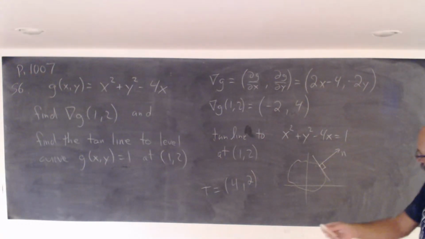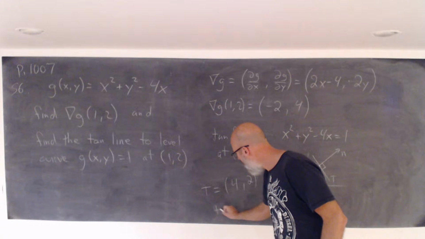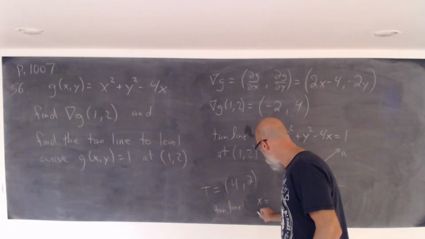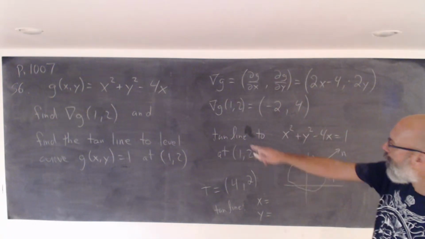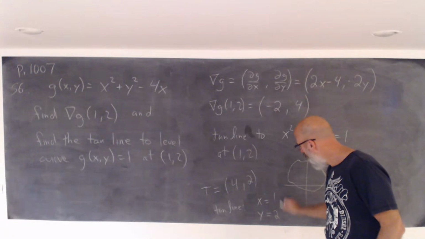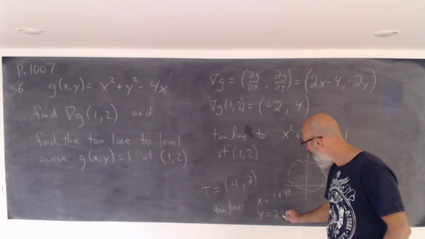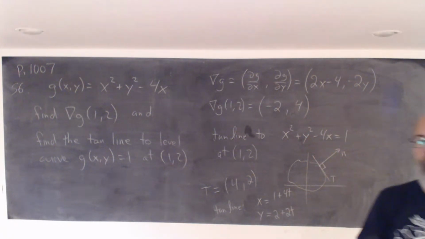This is going to be the tangent vector. And so your tangent line is the point (1, 2) plus t times the tangent vector. There it is.